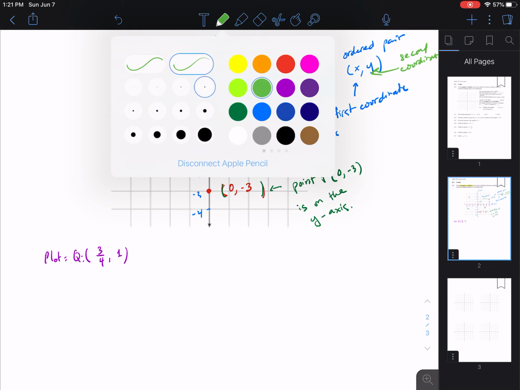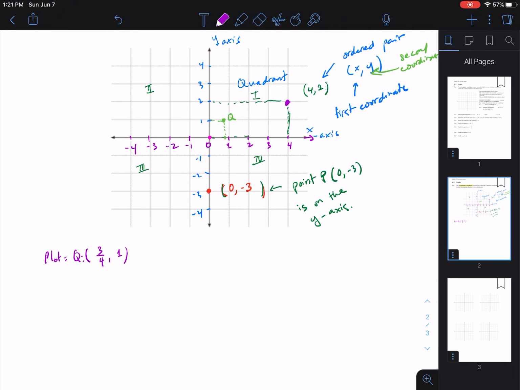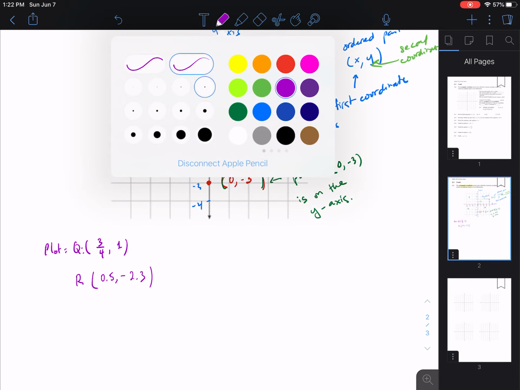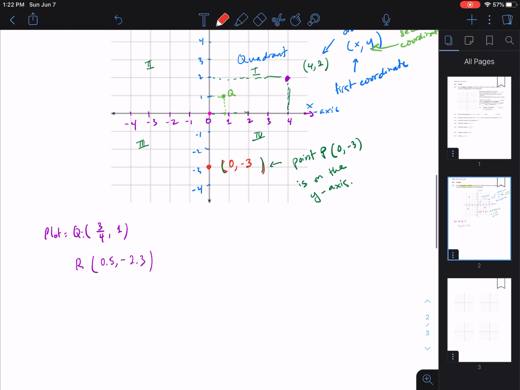Let's do a decimal. Let's say we're going to plot point R, and let's do point R is 0.5 and negative 2.3, for example. Okay, so let's see. All right, so R has the x coordinate of 0.5, so 0.5 is right there, right?